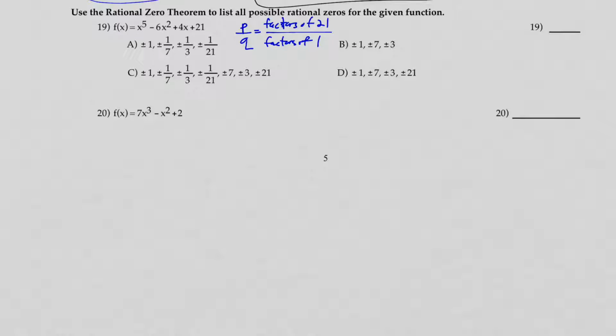And because factors of 1, there are none except for 1 in itself, all we have to do is focus on the factors of 21. So we're going to get plus or minus the factors of 21. And there they are right here: 1 times 21, 3 times 7.